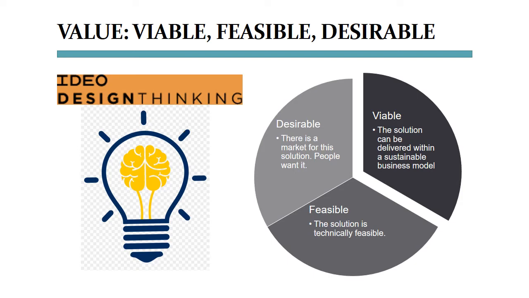The IDEO framework focuses on three aspects. Feasibility. Is the solution technically feasible? Desirability. Do people want the solution and is there a market for it? And lastly, viability. Can the solution be delivered within a sustainable business model?